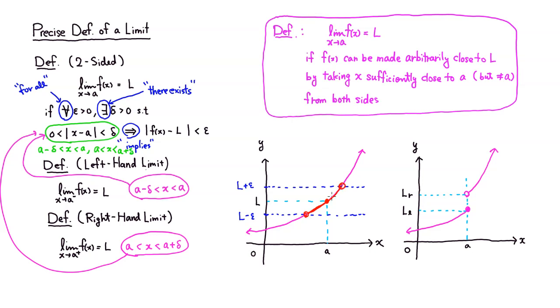So we accept those. So in order to have those values, how close to a does x have to be, right?